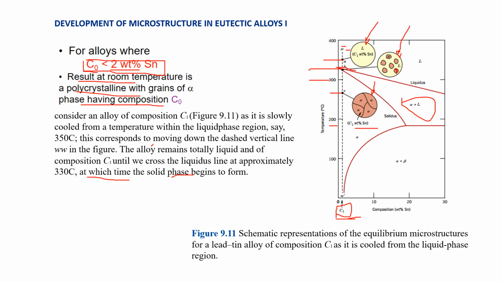The liquid and solid phase compositions differ, following the liquidus and solidus phase boundaries. The resulting alloy after crossing the solidus boundary is a polycrystal with a uniform composition of C1, and no subsequent changes will occur within the whole region below the solidus.